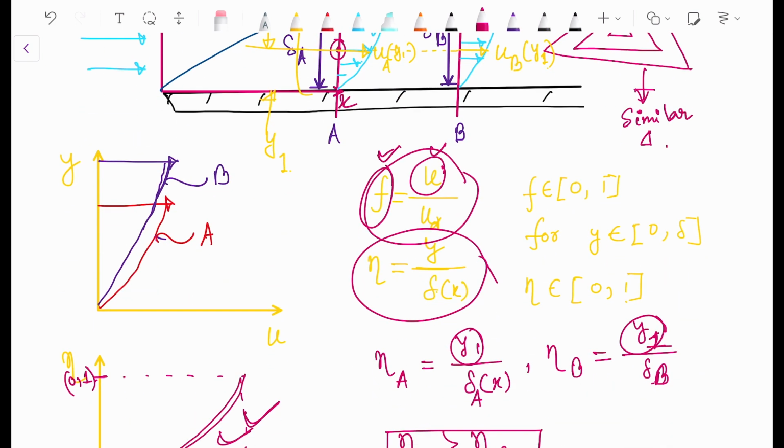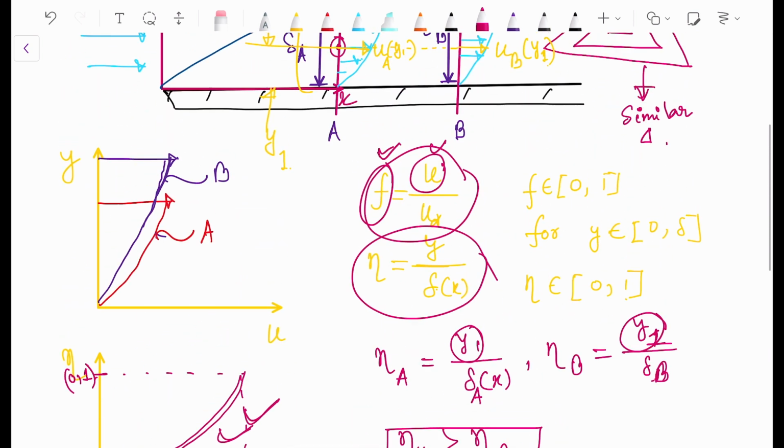You will see this method, the method of similarity solution, in various other things, like in unsteady conduction for a semi-infinite medium, also in convection. After this we will solve for the temperature boundary layer on a flat plate, where there also we will have scaling analysis, the similarity solution method, and the integral method. So I think this is clear.